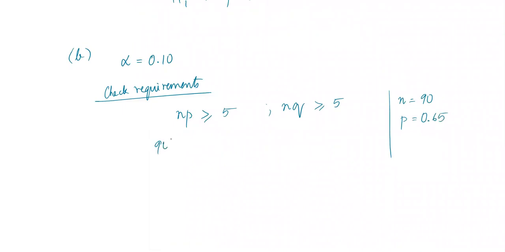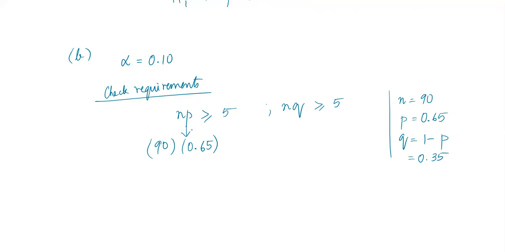So do 90 times 0.65. And Q will be 1 minus P, right? So you're doing all this in your calculator. And 1 minus 0.65 comes out as 0.35. And so for NP, you'll have to multiply the 90 times the 0.65.